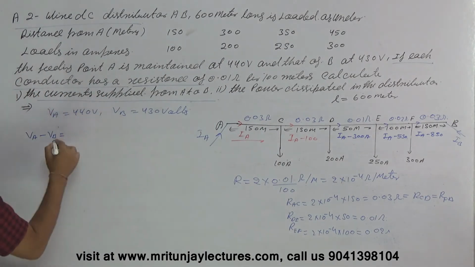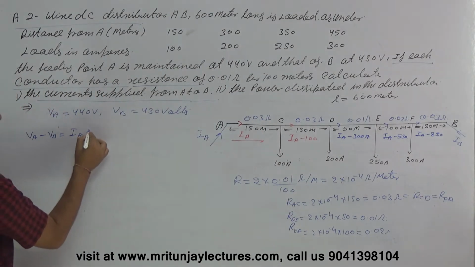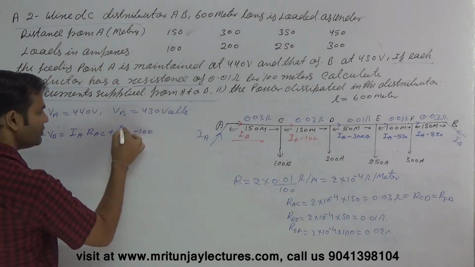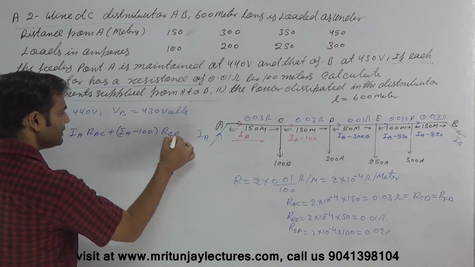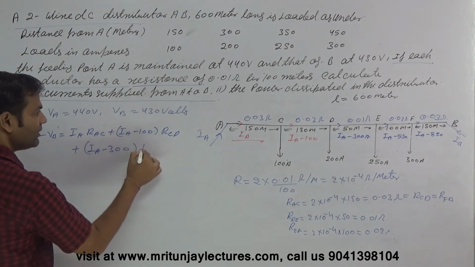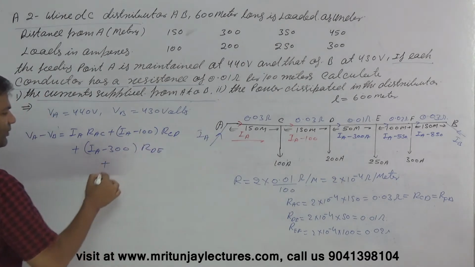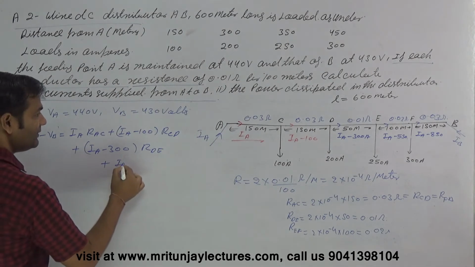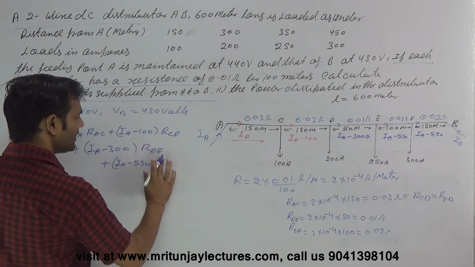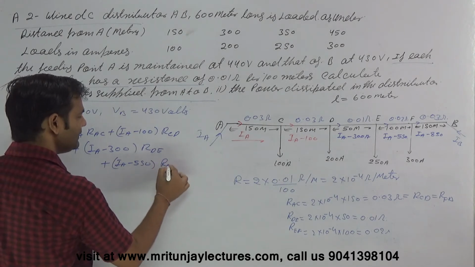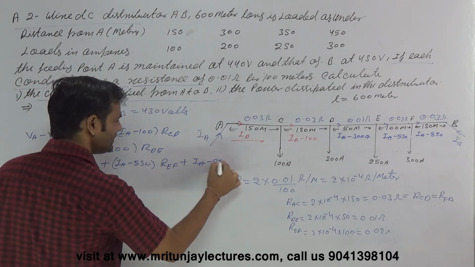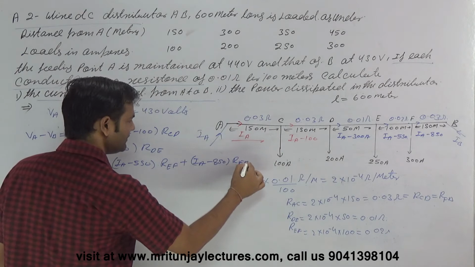So IA into R of AC plus (IA minus 100) into R of CD plus (IA minus 300) into R of DE plus (IA minus 550) into R of EF plus (IA minus 850) into R of FB.